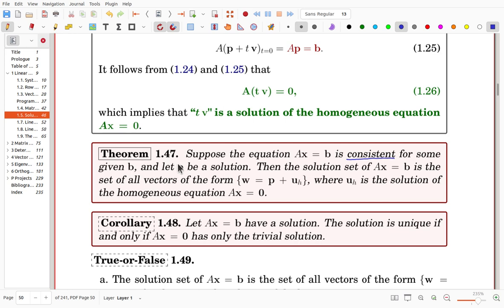This is any constant solution. Then the solution set of Ax equals b is the set of all vectors of the form w = p + u_h, where u_h is the solution of the corresponding homogeneous equation Ax equals 0.